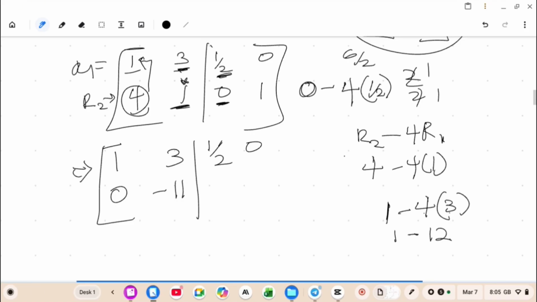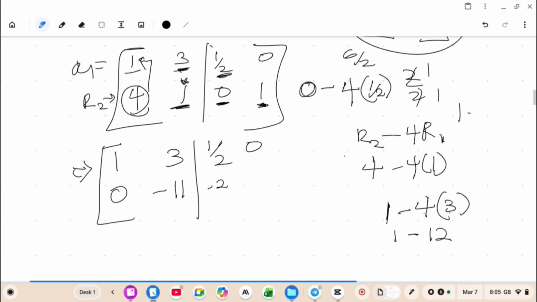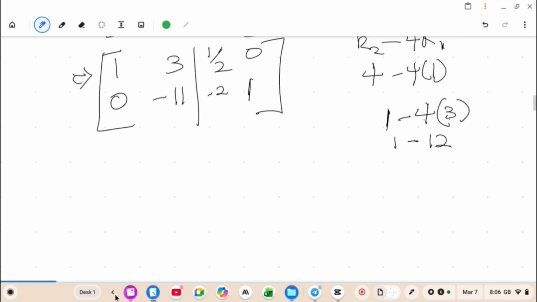Here will be negative 2. Our next target is this place. This is 1, so we have 1 minus 4 multiplying the row 1 entry, which is 0. So 4 by 0 is 0, and here you have 1. Are you even getting it? So we are done with the first column.